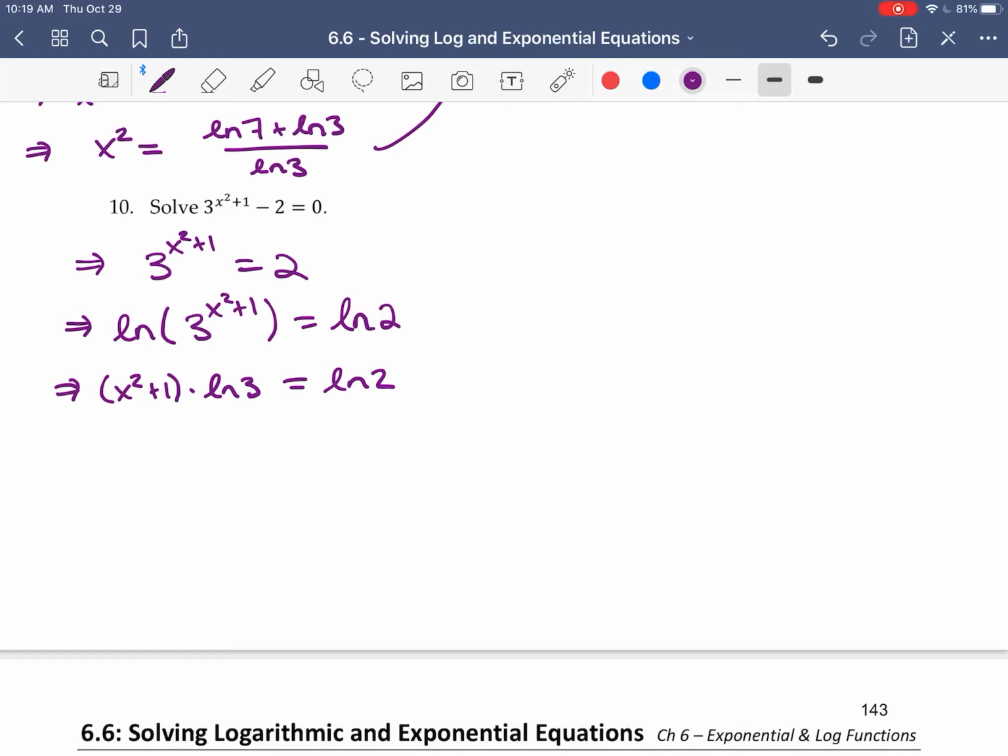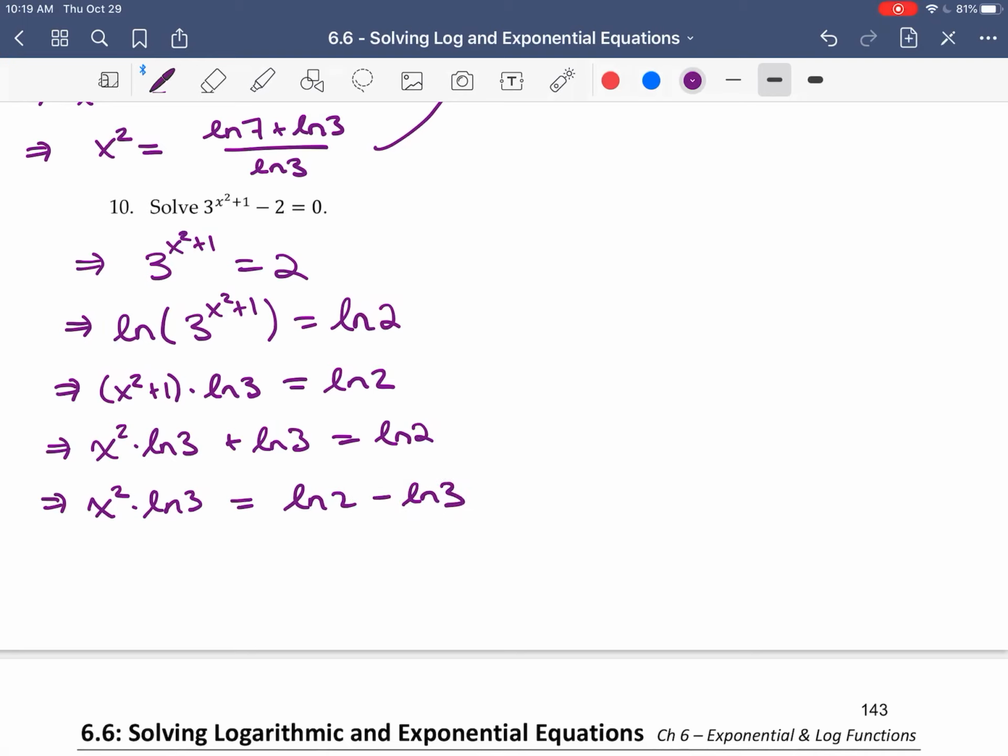Then if I bring the ln 3 through, that's x squared times ln 3 plus ln 3 is equal to ln 2. Subtracting the ln 3 over, x squared times ln 3 is ln 2 minus ln 3. Dividing both sides by ln 3, I get x squared is ln 2 minus ln 3 over ln 3.